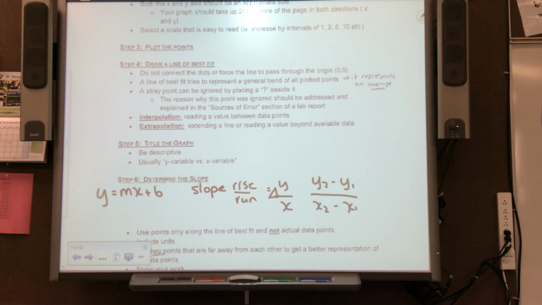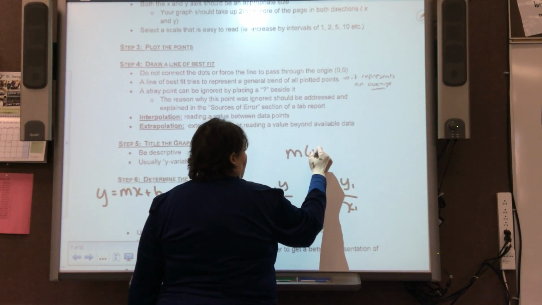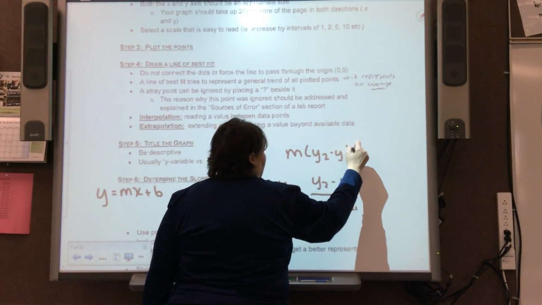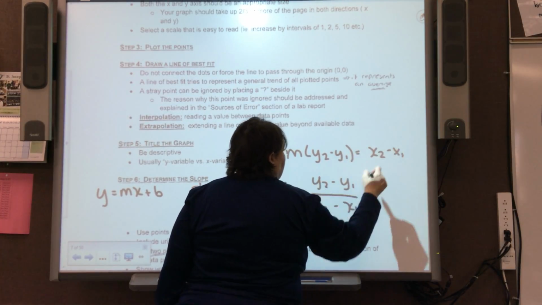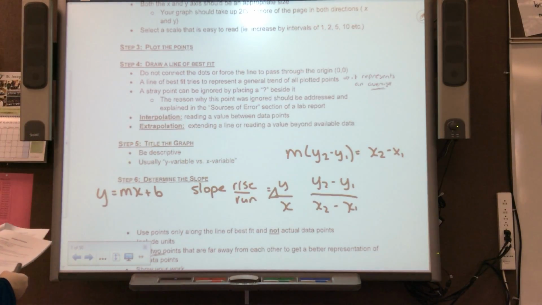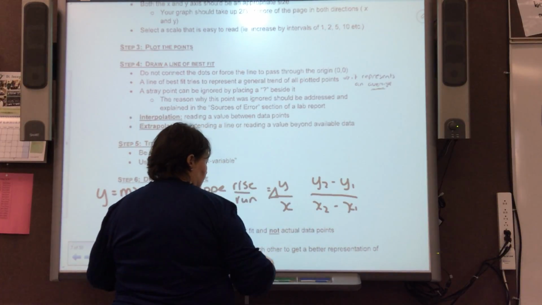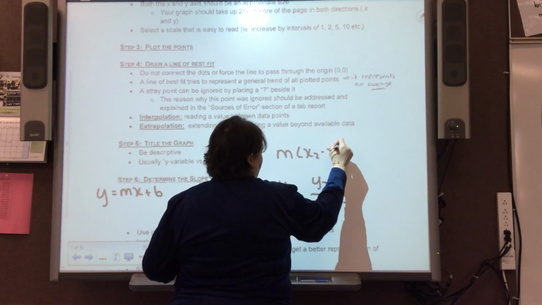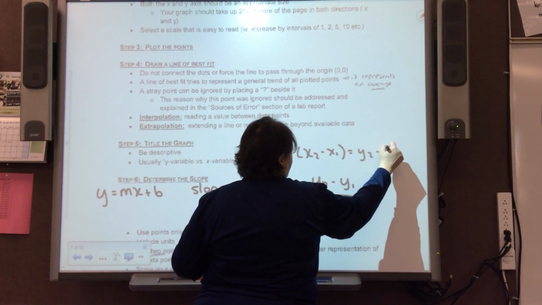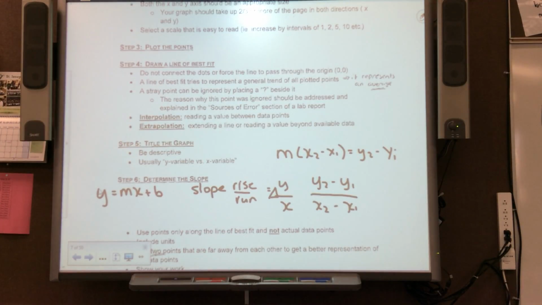Okay? Another way that we can see this is m times (x2 - x1) is equal to (y2 - y1).